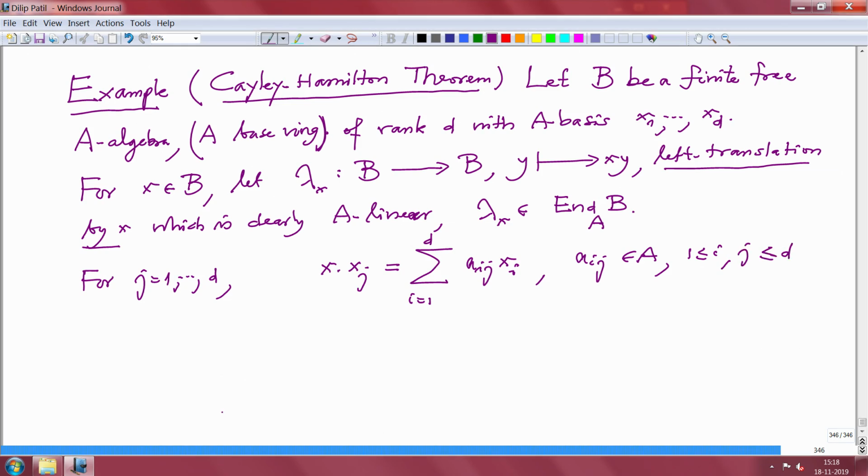So when you rewrite this equation, shifting this term to this side and using the Kronecker symbol, what do we get?